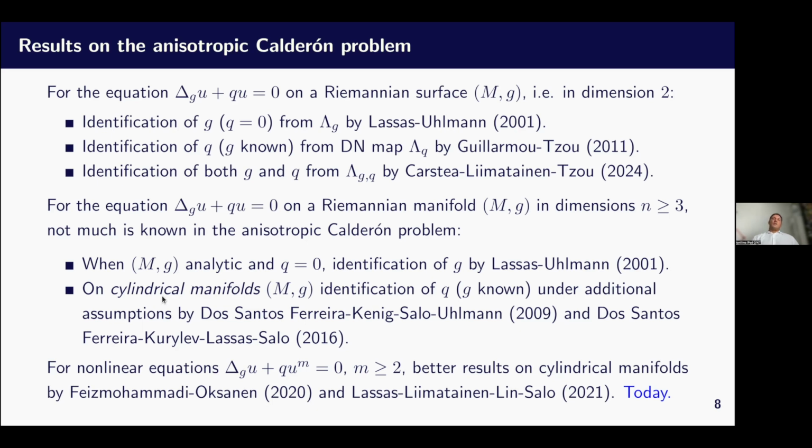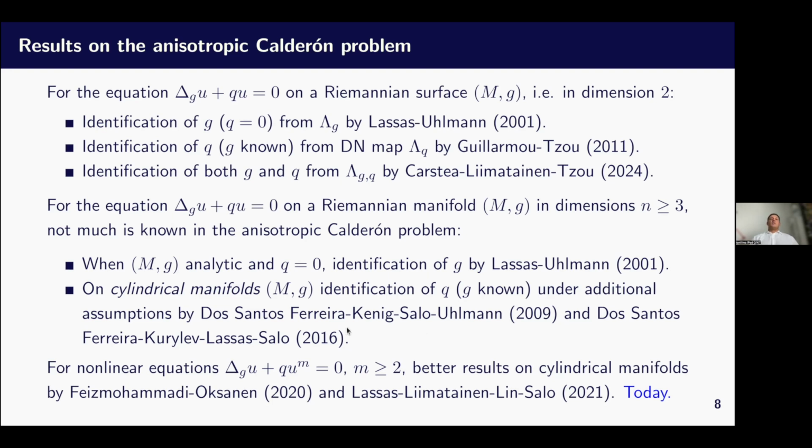Then there are results on so-called cylindrical manifolds, which I will later discuss during this talk. In that case, the identification of the potential q, assuming that the metric g is known, under additional assumptions was done by Dos Santos Ferreira, Kenig, and Uhlmann, and Dos Santos Ferreira, Kurylev, Lassas, and Salo in the years 2009 and 2016.